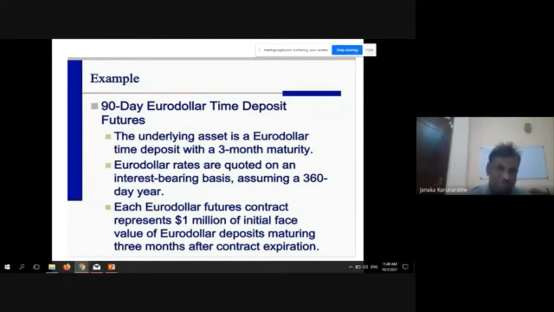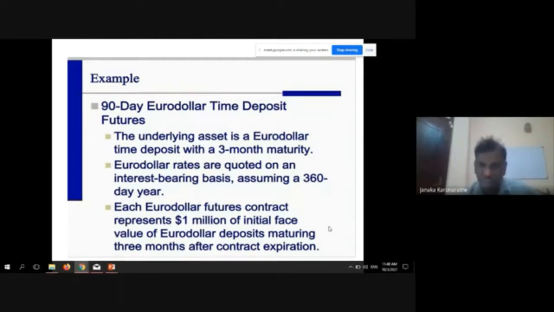Also, these contracts mature in 3 months after the contract expiration date. Let's say I want to match a particular date, because my asset or liability risk arises after a particular number of days. I may not be able to match exactly the way I want.